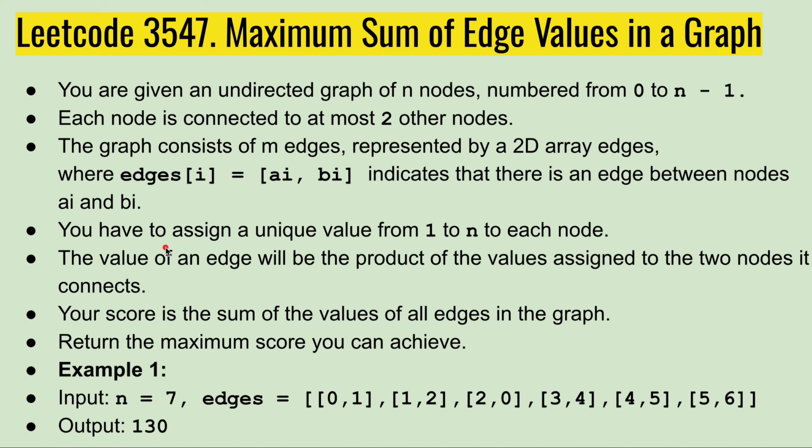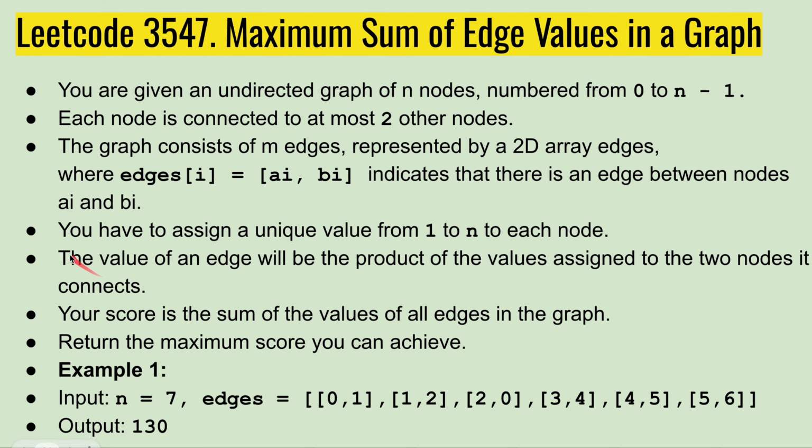So you have to assign a unique value from 1 to n to each node. The value of an edge will be the product of the values assigned to the two nodes it connects. Your score is the sum of values of all the edges in the graph, and we have to return the maximum score you can achieve, right?